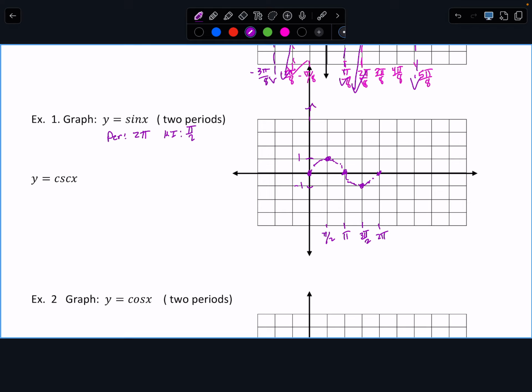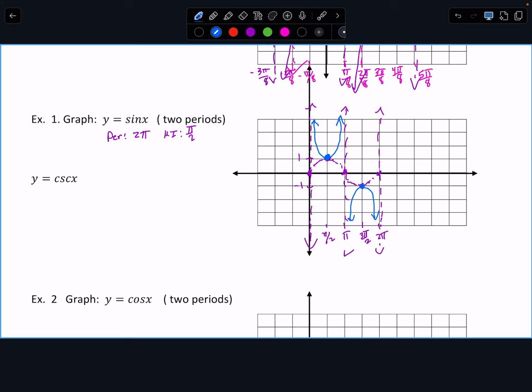And so where sine is 0, if you do the reciprocal, you get asymptotes for cosecant. And then the cosecant graph is actually, we just scoop it up from positive 1 and a scoop down from negative 1.